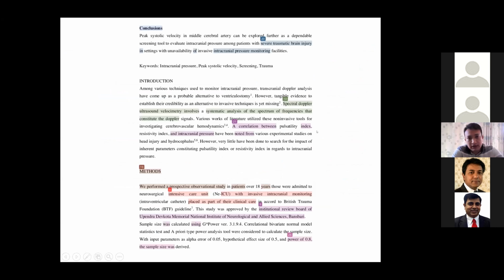That means the number 6, color coded in an ash color, is from Acta Neurochirurgica, and the similarity of the text from this journal is 1%. So this is an example. The red one is from Doppler ultrasound and so on. If you look at the full article, there are different colors and different numbers, which denote which articles or which journals the similarity comes from.